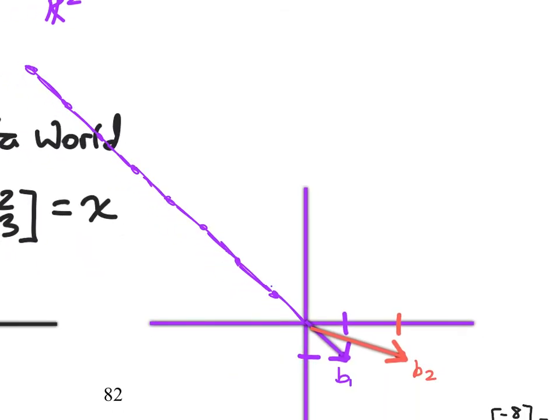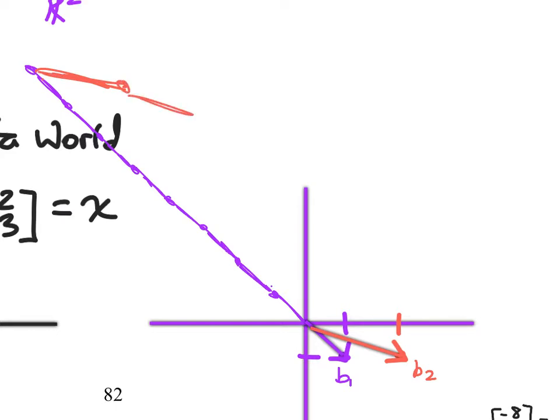Now, I'm also going to move 5 steps in the direction of B2. So I just have to ballpark what B2 looks like. It's vector sums, so it's going right back to the beginning of the course. That's what B2 looks like roughly.